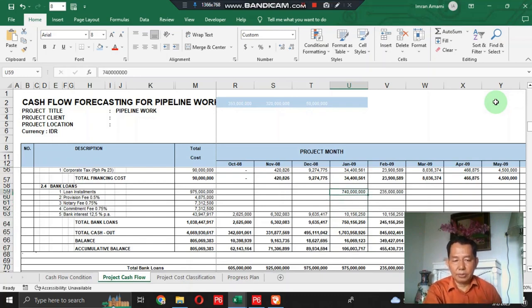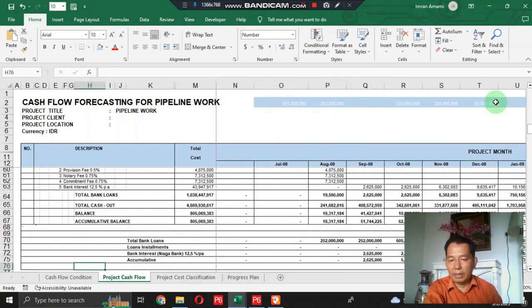Like this one, you should pay your loan installment in the project month January 2009 here, and the second loan installment in the project month February 2009 here. And you find the accumulative balance for your pipeline projects, with a total of 805,069,383.